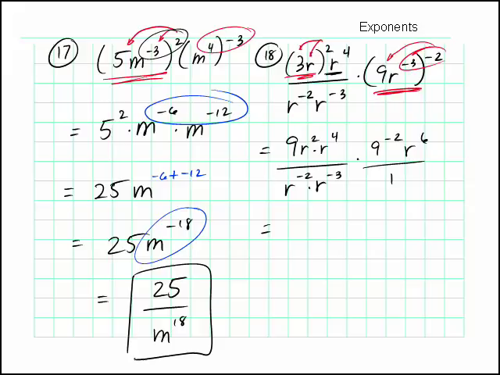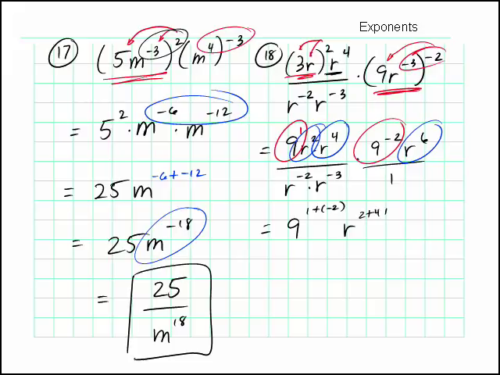Simplifying now. I have a 9 to the 1st here and a 9 to the negative 2 there. I add those exponents together, so that's 9 to the 1 plus negative 2. I have an r squared, an r to the 4th, and an r to the 6th. I add all those exponents up, and so that will be r to the 2 plus 4 plus 6, which is going to be 12 in a minute here.